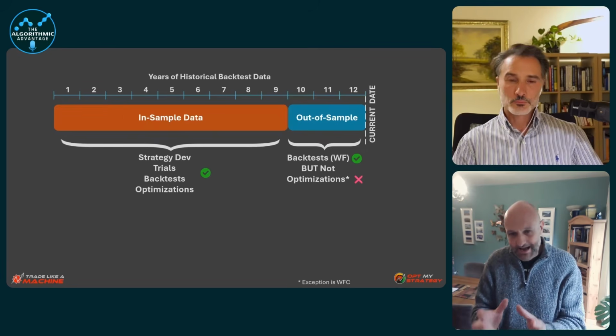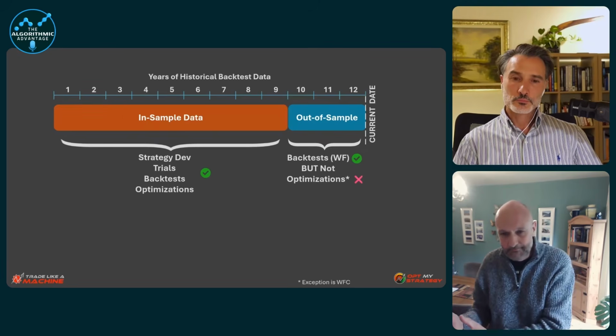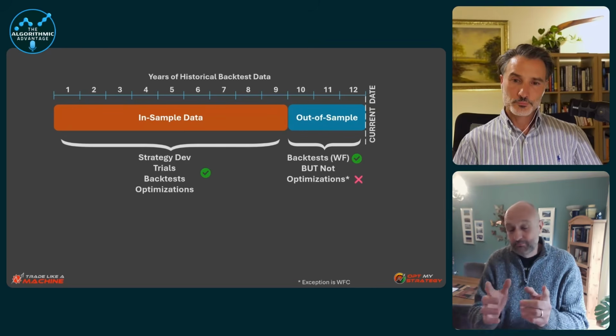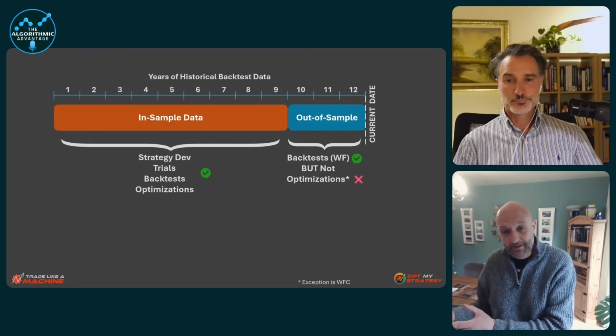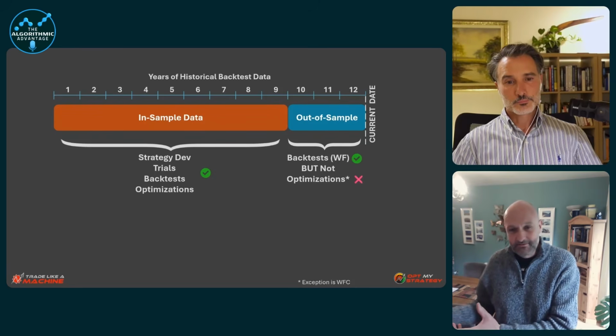You're testing out how that then works on data it's never seen, which is, of course, completely analogous to what you will then do when you go live. Because when you go live, again, the strategy's never seen that data, and so you're almost trying to replicate what will happen when you put your strategy live.